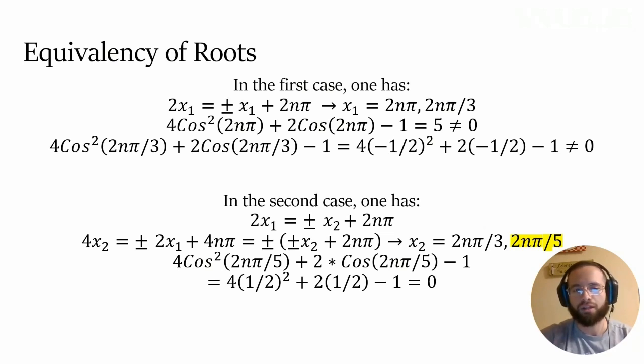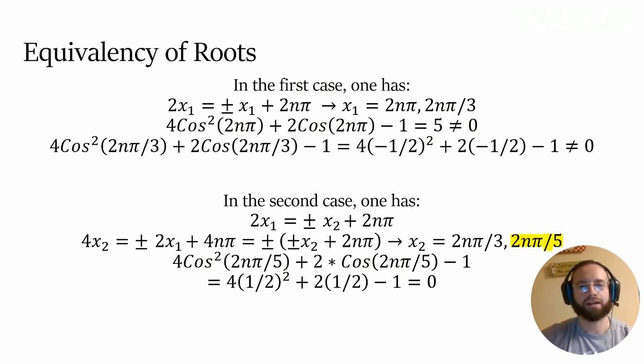Okay. So if we have negative, for instance, then we have 4x2 is equal to negative x2 plus 2n pi, right? We just add x2 to the other side, so we have 5x2 is equal to 2n pi, and then we just divide by 5, so x2 is 2n pi over 5.